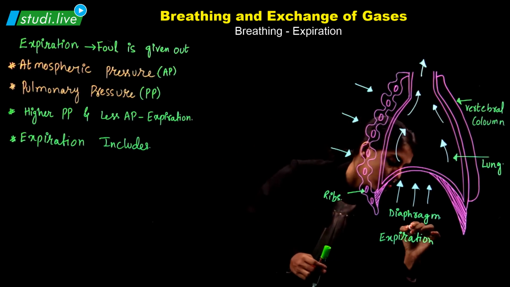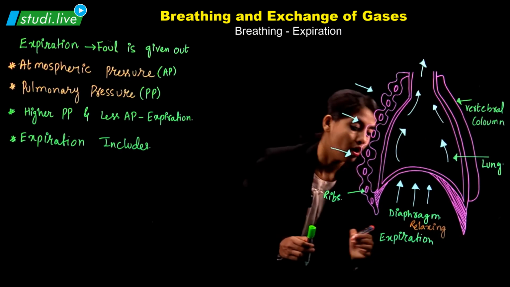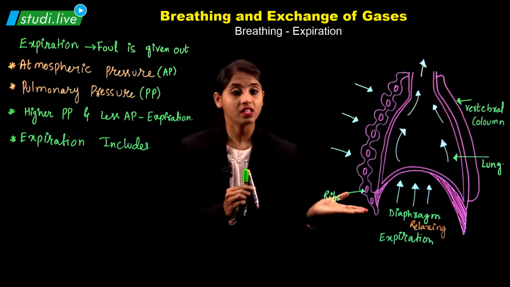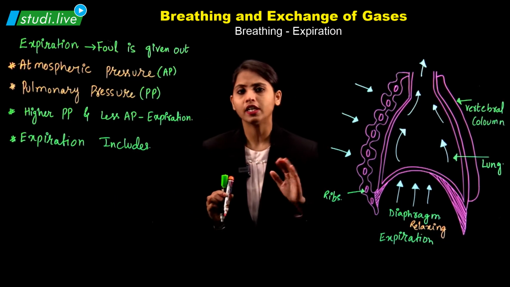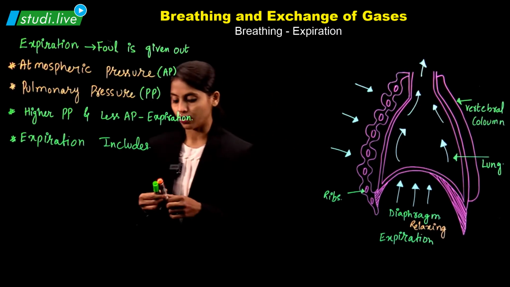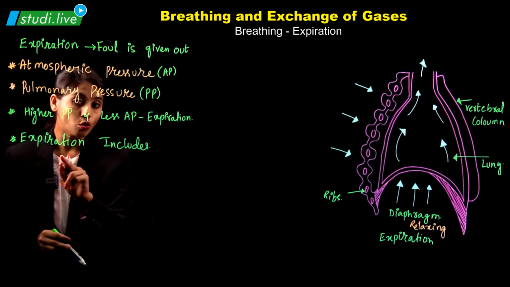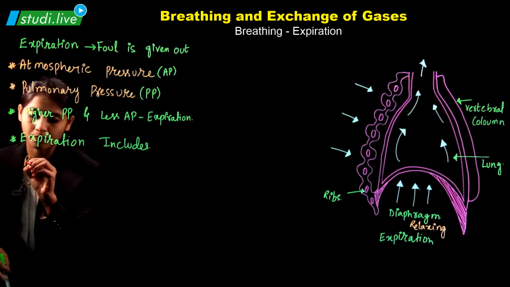So, relaxing mode. When I say contraction, that means it is changing its place, which happens in inspiration. But when I say relaxing, that means it is not occupying more space, but it is going to its original position. So, the first step in expiration is relaxation of the diaphragm.